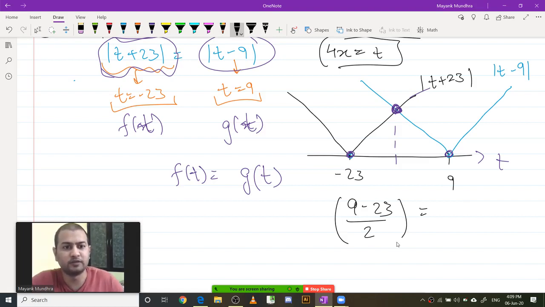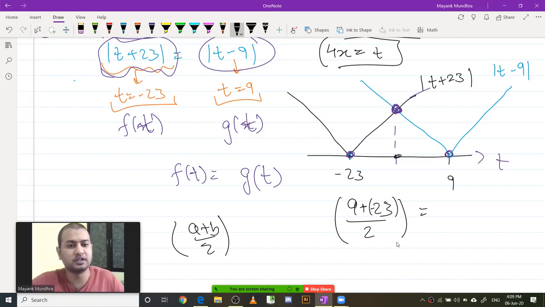The midpoint of a and b is a plus b by 2. I don't know why I subtracted it. So 9 plus minus 23 by 2, that's going to be minus 14 by 2, which is minus 7.